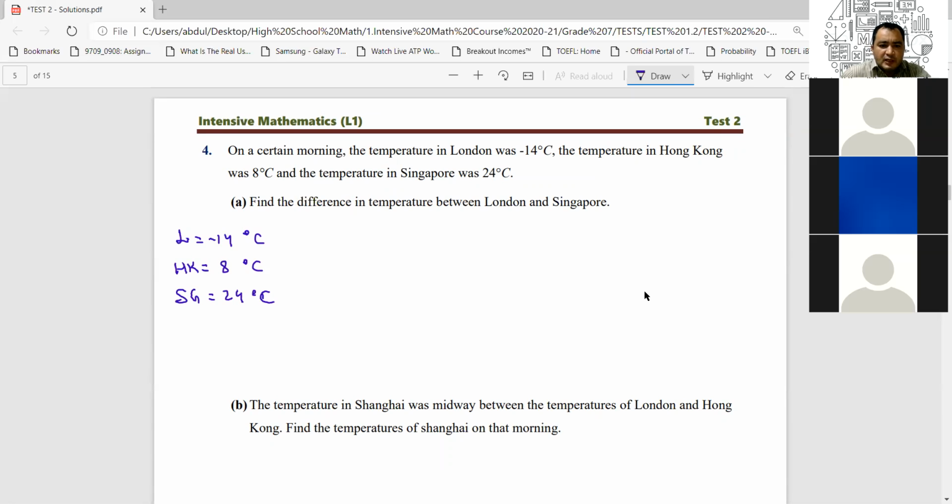What is the question here? Find the difference in temperature between London and Singapore, right? So that means it is Singapore minus London. In Singapore, the temperature is 24. In London, it is minus 14. So what is the difference? It is 38 degrees Celsius. That much difference, because minus 14 to 24 is a lot.